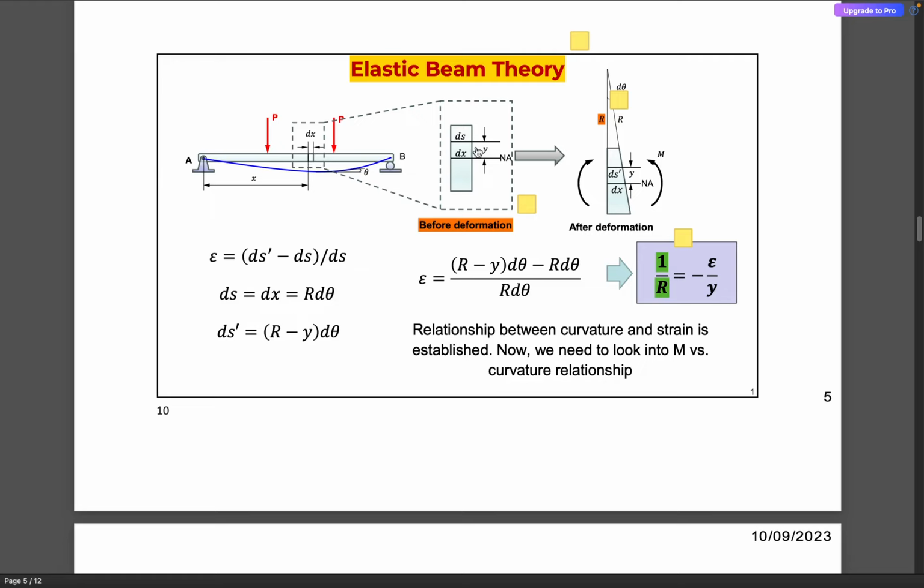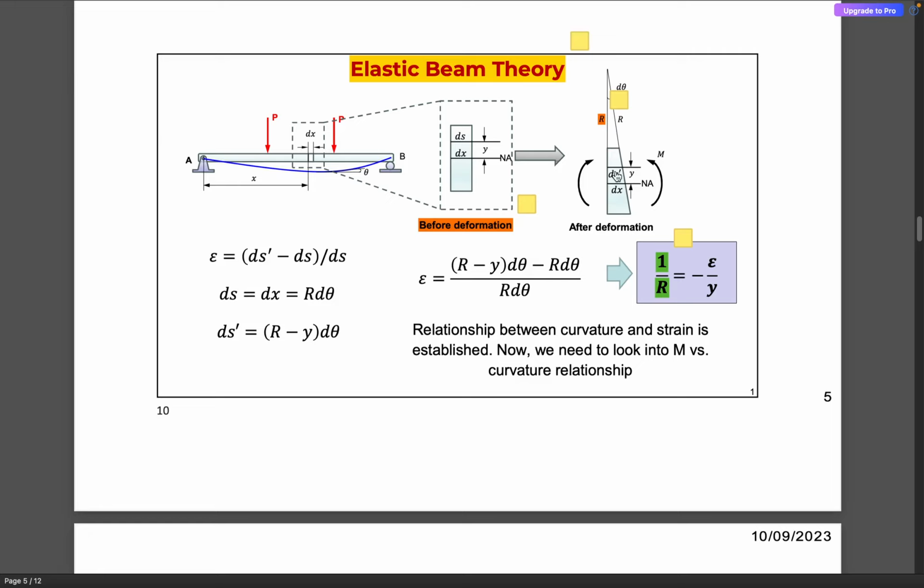If we consider a fiber which is at a distance of y from the neutral axis, its length is defined as ds. When it takes up a deformed configuration, since dx corresponds to the neutral axis, the length dx remains unchanged.